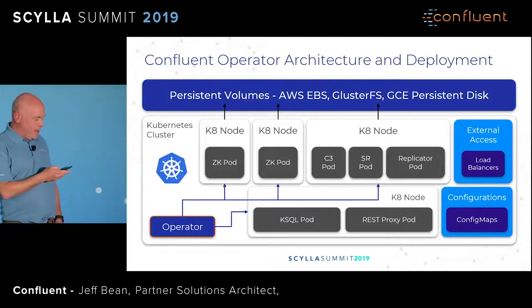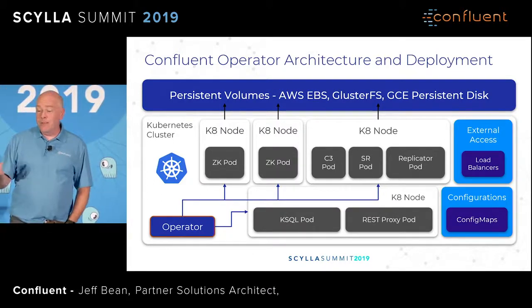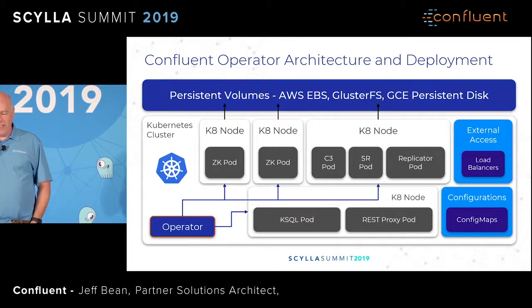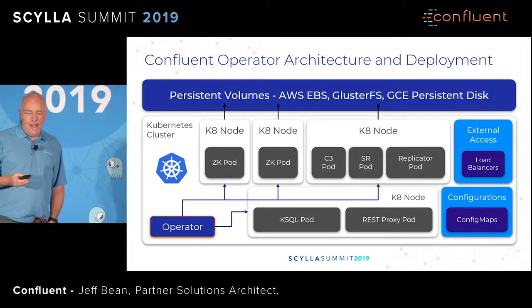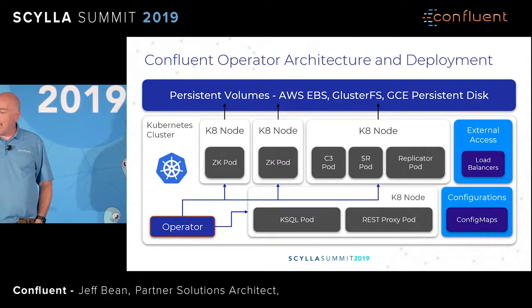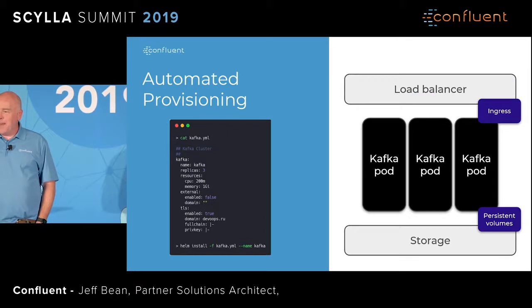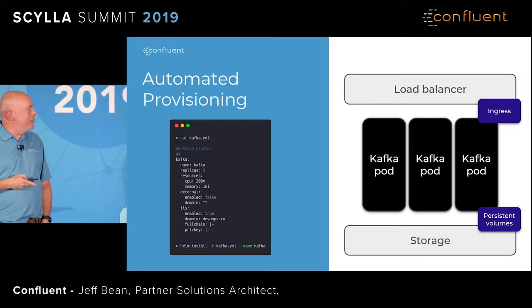We also support persistence. Right, so one of the things that makes Kubernetes difficult is state. And we support persistent volumes, AWS, S3, Gluster, GCE, persistent disk. And these are all managed in terms of nodes and pods with configurations and config mappings, load balancers, and so on. It's all automatically configured via YAML.